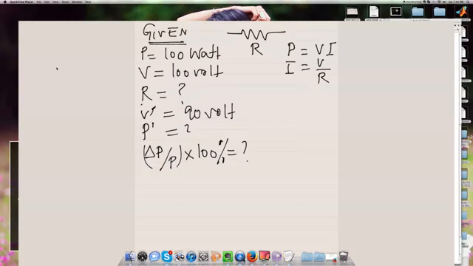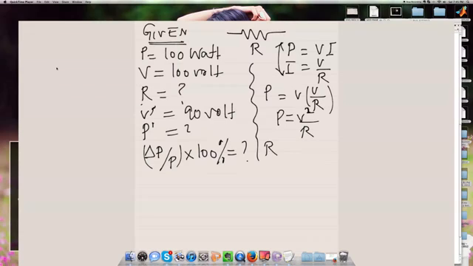So if we combine these two expressions, we end up finding power equals voltage times voltage over resistance, which is voltage squared over R. So based on this, we can write resistance is square of the voltage divided by the power.